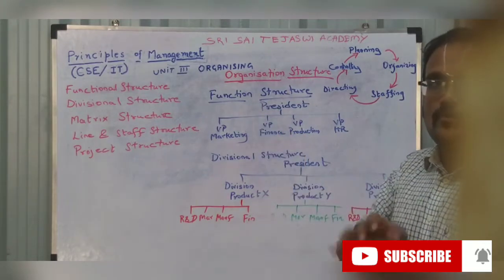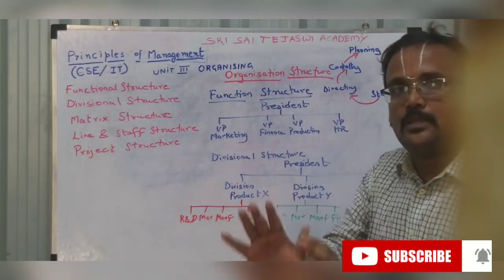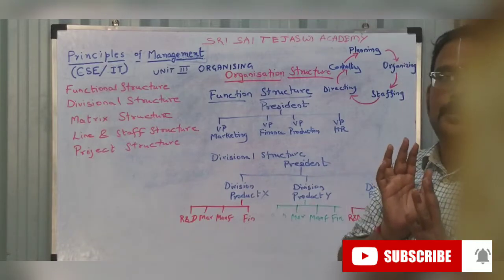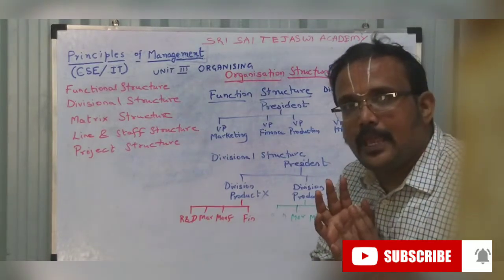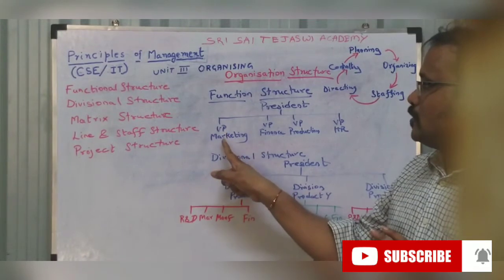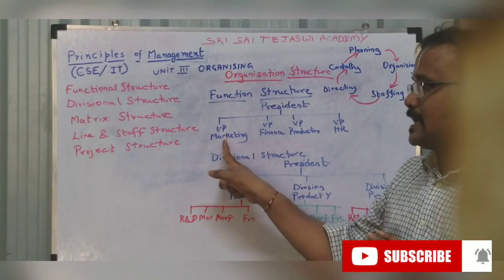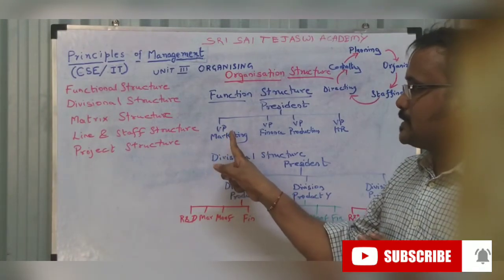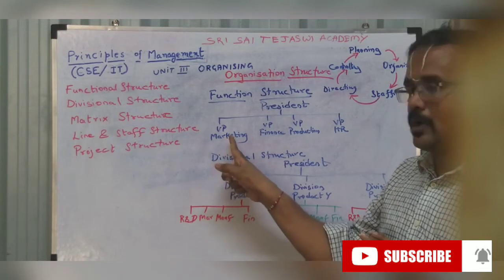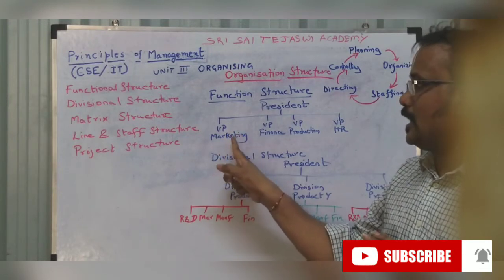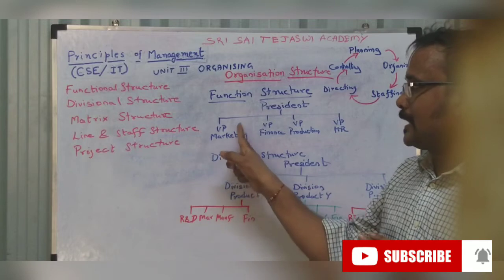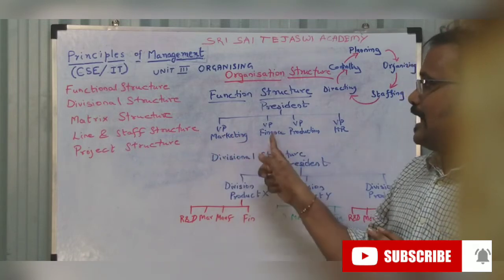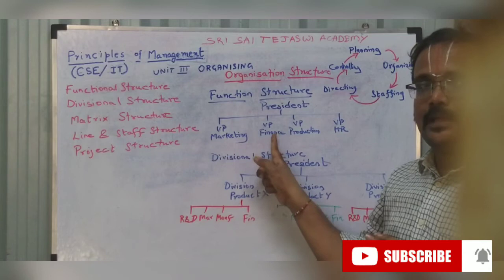Functional structure, as I told you, is grouping based on what they do. Simple. A person who is responsible for sales and marketing, contacting the customers and getting the order, that is marketing. Finance: for any company, money is important.